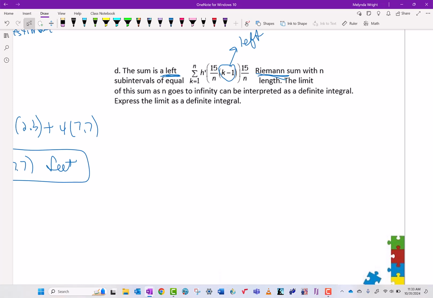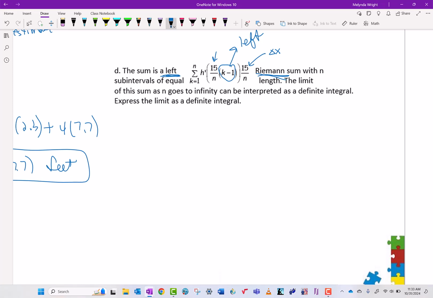Because of our formula, we know that this part right here is delta x. And I know that this is delta x times the k. But I don't have like an a plus in here, which means a would be 0.